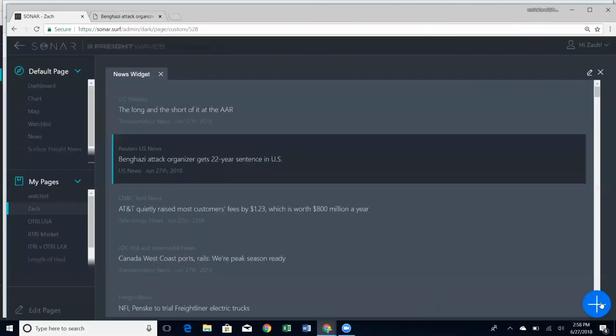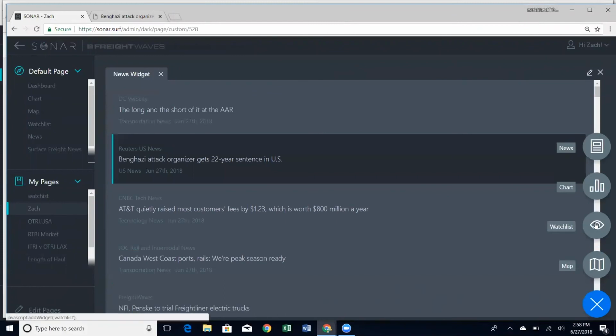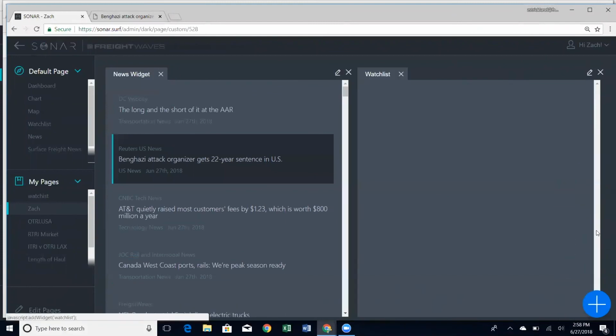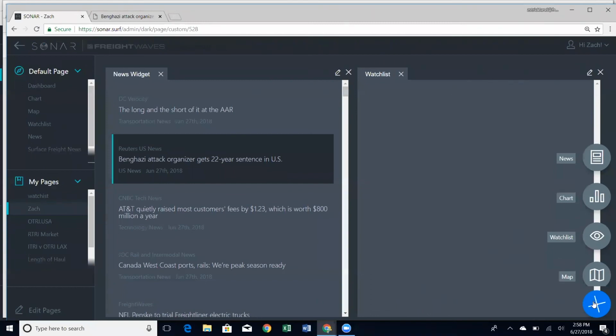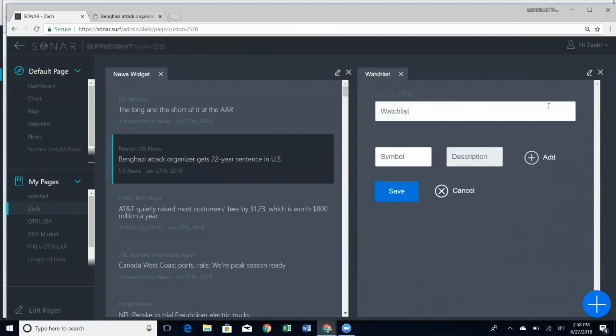And rounding out, which I know we touched on already, I'll show you our watch list. I go here in our little widget spot in the bottom right hand corner, the plus sign, and I add a watch list. And again, similar to when we originally created our first page, it's going to bring you a blank screen. You're going to want to go from there to the edit button.